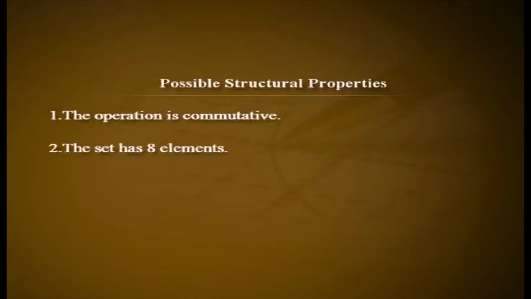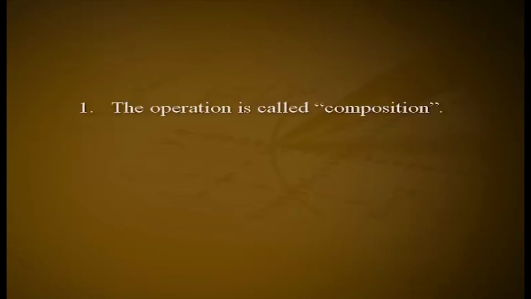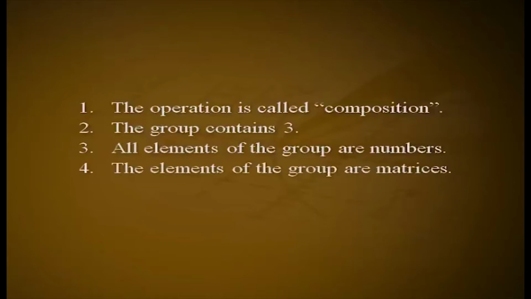The set has 8 elements. x star x is equal to x for all x belongs to S. The equation a star x is equal to b has a solution x in S for all a, b belongs to S. Possible non-structural properties. The operation is called composition. The group contains 3. All elements of the group are numbers. The elements of the group are matrices. The given set is a subset of C.